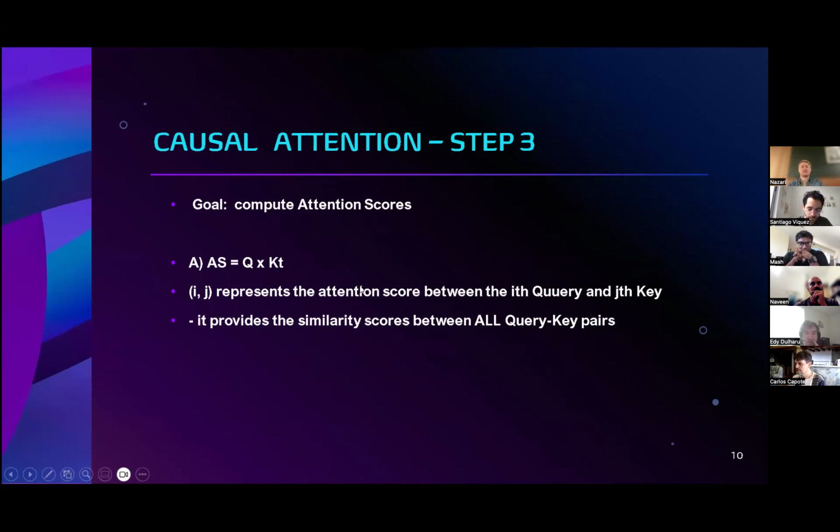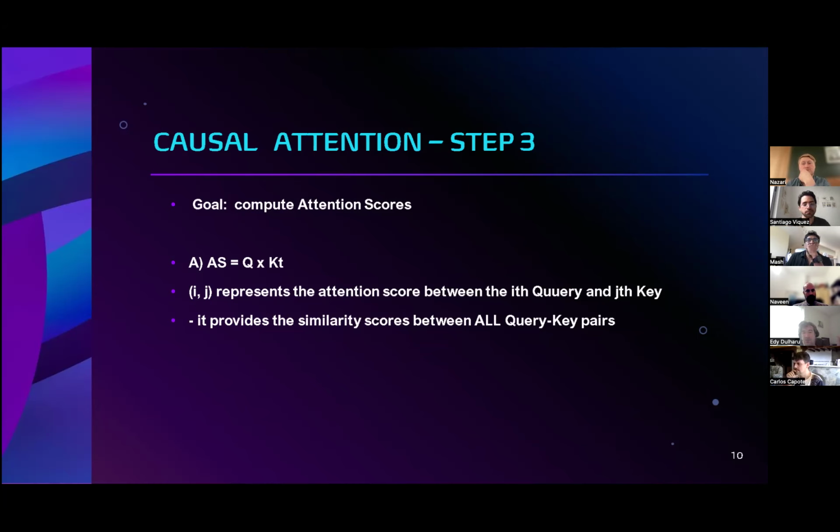Within this matrix, an element ij will represent the attention score between the i-th query with regards to the j-th key. Basically, I want to provide a similarity score between all the possible pairs of query and key, because every word in a sentence becomes at one moment a query, and this query will query all the other inputs in that sentence, which will act as keys.